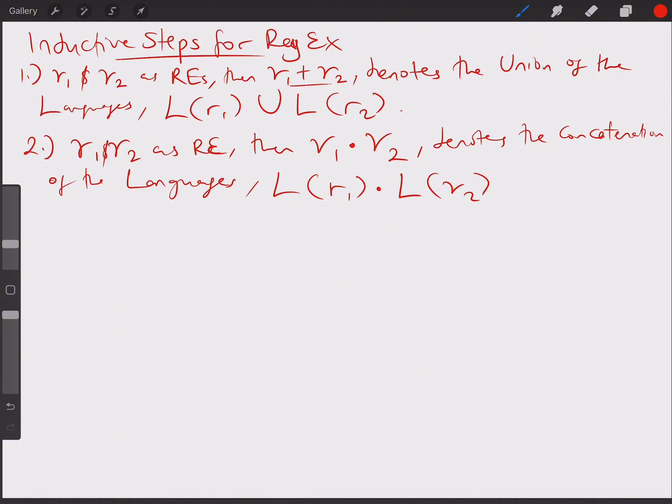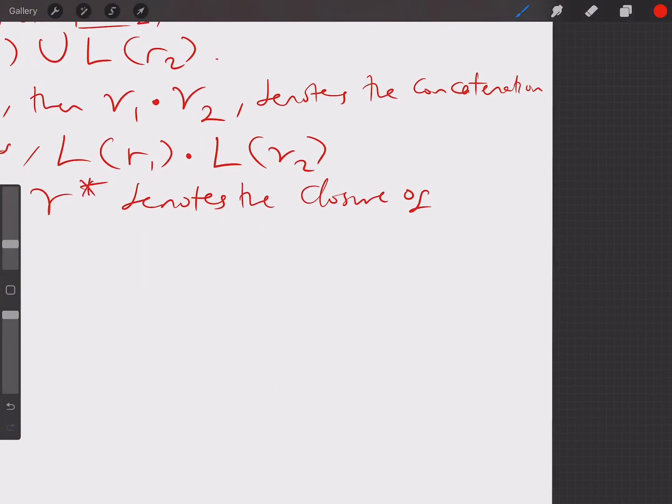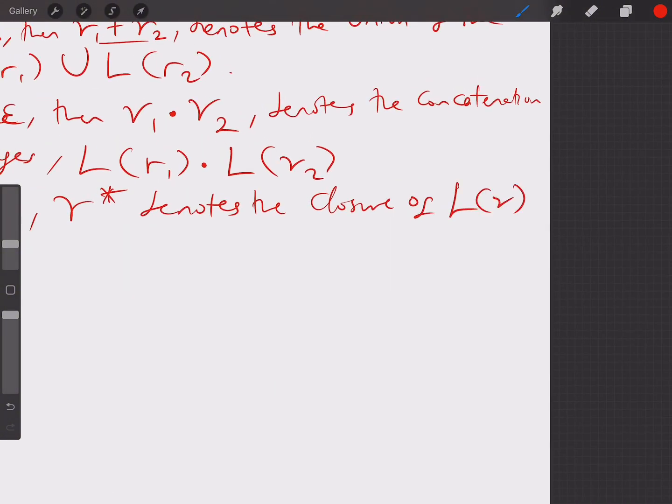If we have R as a regular expression, then R star, which is the Kleene closure of R, denotes the closure of the language of R. So we have L(R star) means L(R) star.